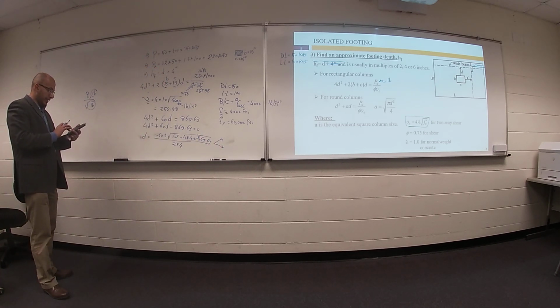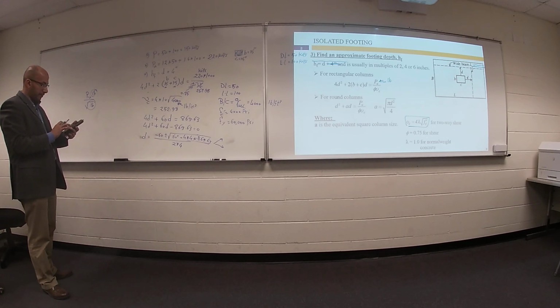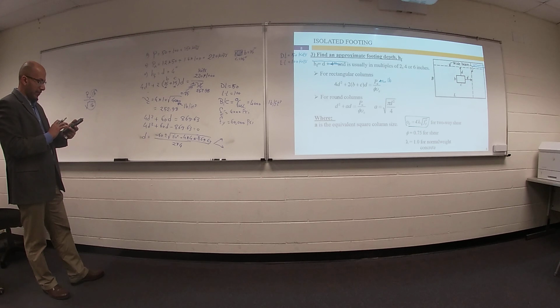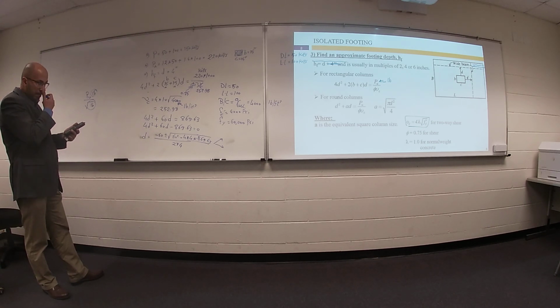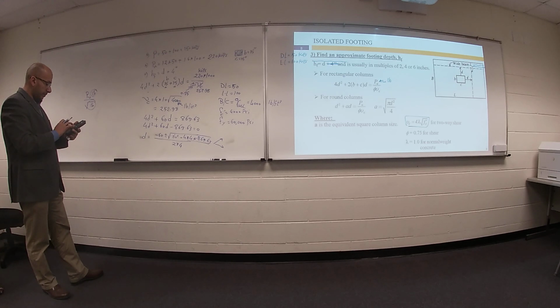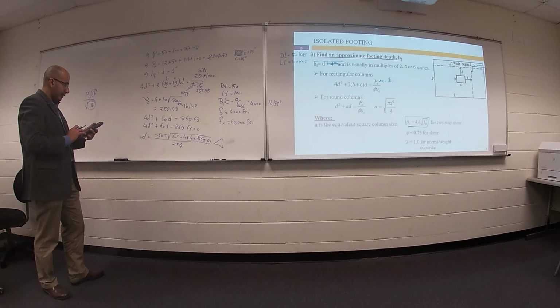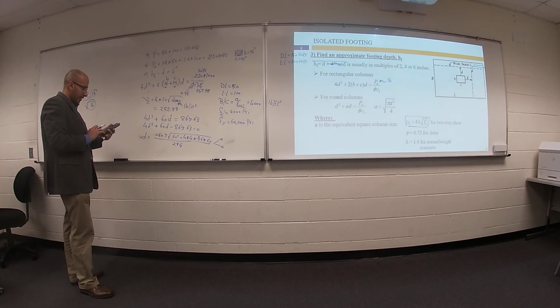Anyway, 60 squared plus 4 times... square root... I didn't get 869.